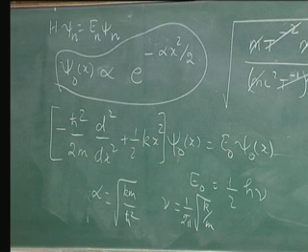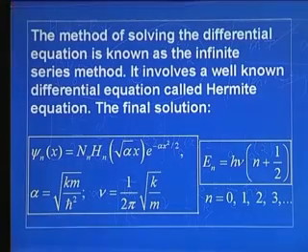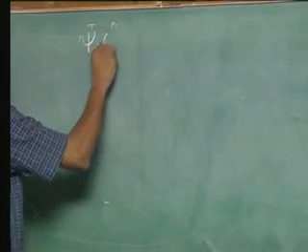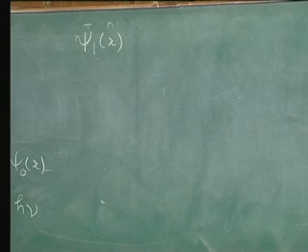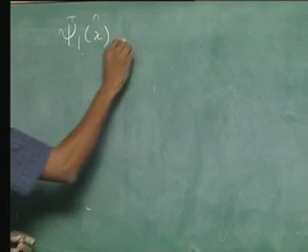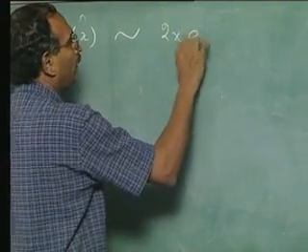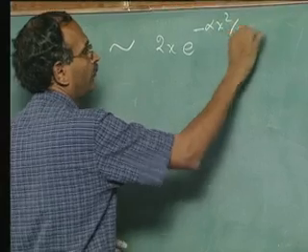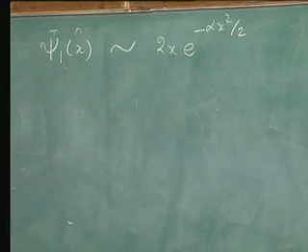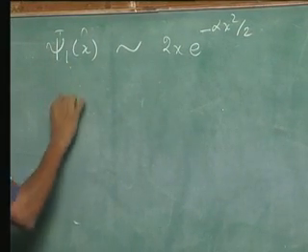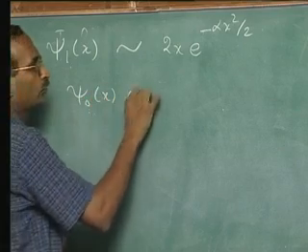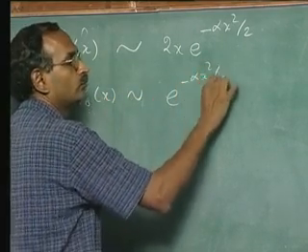This is only one solution. What are the other series of solutions for the harmonic oscillator? The next one is psi 1 of x. Let me do 1 and 2 solutions and then we can generalize to what the solution should be. Psi 1 turns out to be proportional to 2x e to the minus alpha x square by 2. Psi naught of x was proportional to e to the minus alpha x square by 2.